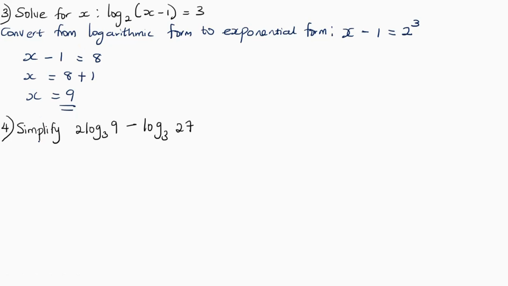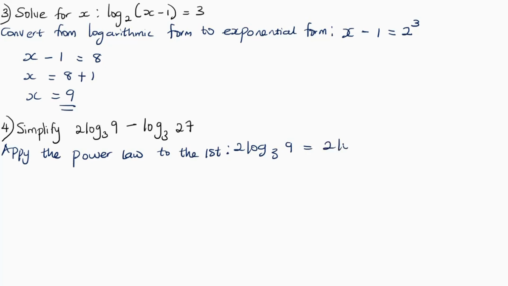So we have this question here that says simplify 2 log 3 of 9 minus log 3 of 27. All we want to do to the first term is to simply apply the power rule, or the power law. So we have 2 log 3 of 9, and 9 can be written as 3 raised to the power of 2, so 2 log 3 of 3 squared.